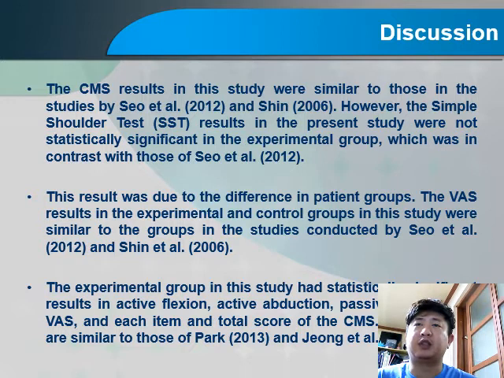The VAS results in the experimental and the control group in this study were similar to those in the studies conducted by Sa and Shin. The experimental group in this study had statistically significant results in the active flexion, active abduction, passive flexion, and the VAS and each item of and the total score of the CMS. These results are similar to those of Park and Jung.